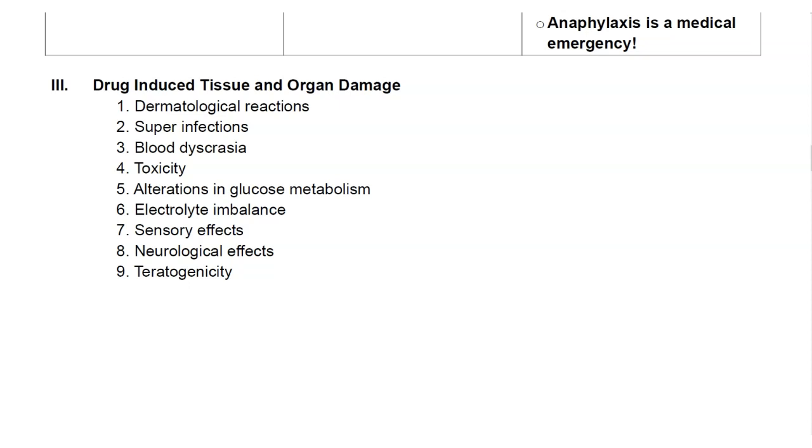It can increase or decrease certain electrolytes such as your potassium, your sodium, your calcium. Some medications can cause sensory effects, so some medications can lead to hearing loss or maybe ringing in the ears. There are medications that can cause neurological effects such as numbness and tingling or loss of sensation.